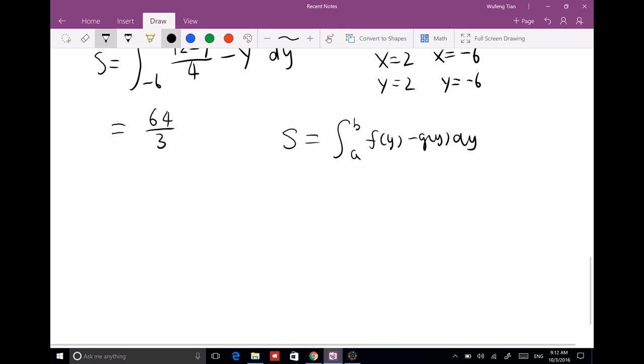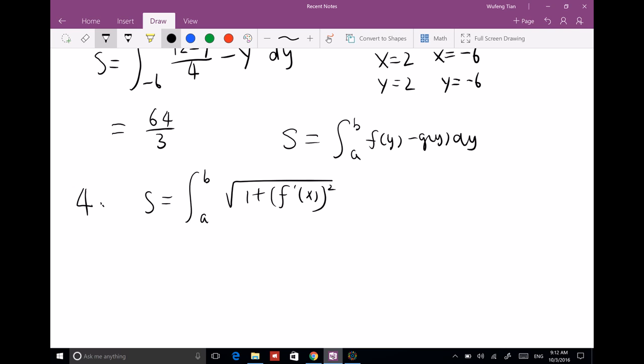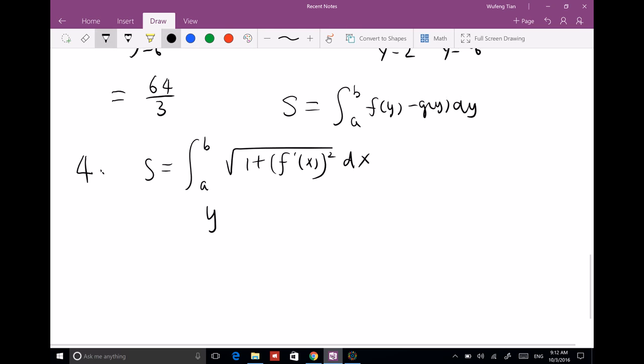Number 4, arc length. The arc length formula is S equals the integral from A to B of the square root of 1 plus f prime of x squared, dx. Okay, this one, I gave y equals square root of 4 minus x squared, exactly the same equation as in the class.